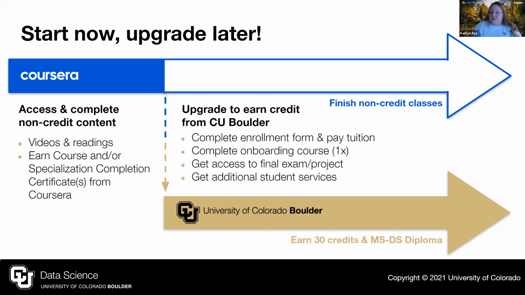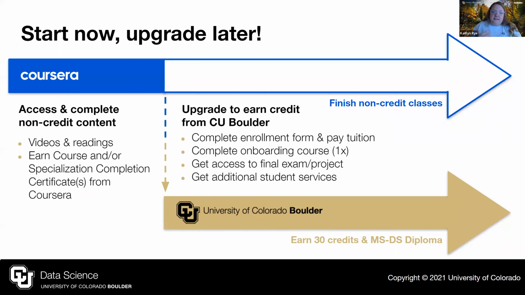Students in the 4-credit version of the class also gain additional access to student services, including a CU email address, online library resources, and career services, along with help through exclusive communication channels: weekly office hours with course facilitators, a dedicated support email for questions about the 4-credit classes, and a Slack channel where you can interact with your classmates.